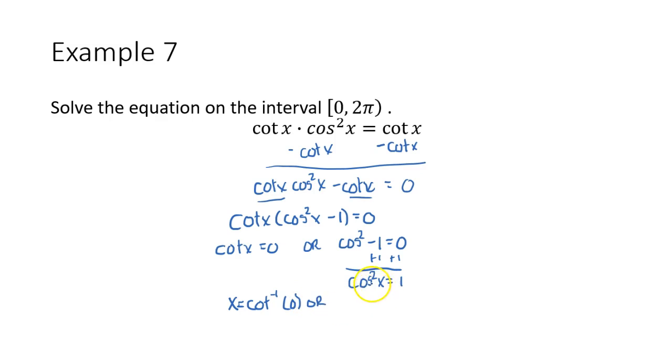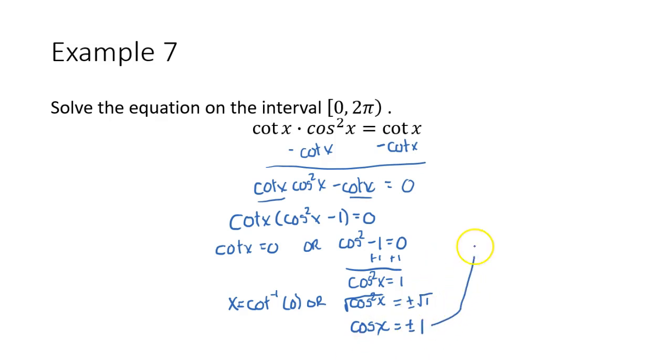And over here, if the cosine squared of x is equal to 1, we can say that the cosine of x, because we're going to square root it, and we don't want to forget the plus or minus over here because the square root was not part of the problem. So we have the cosine of x equal to positive or negative 1.